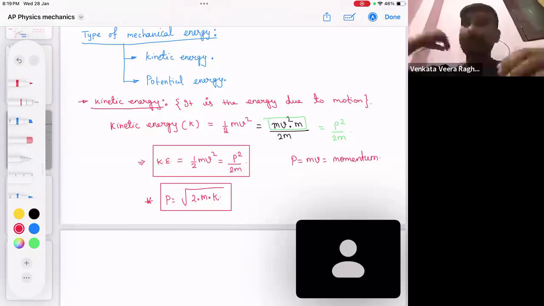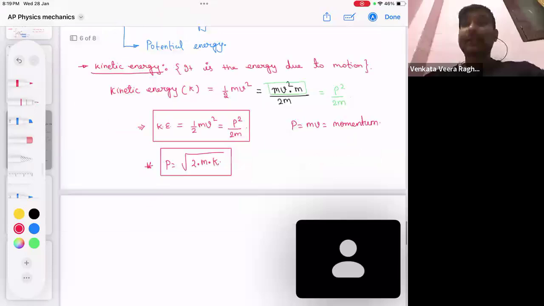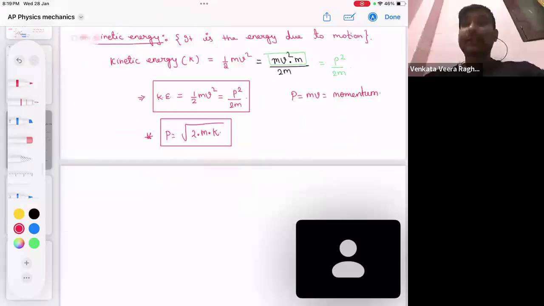So kinetic energy of a particle is half mv square, which is also p square by 2m, where p is the momentum, not the power. In this chapter, power will also come, but here p we are representing the momentum. Understood?